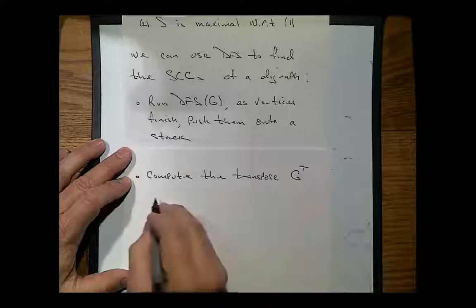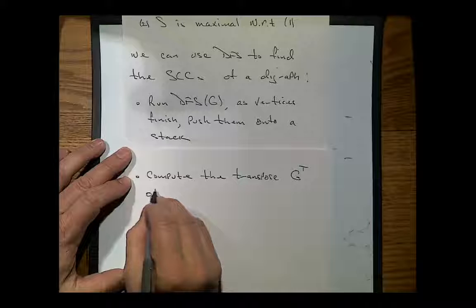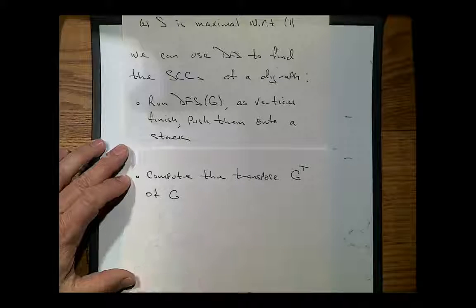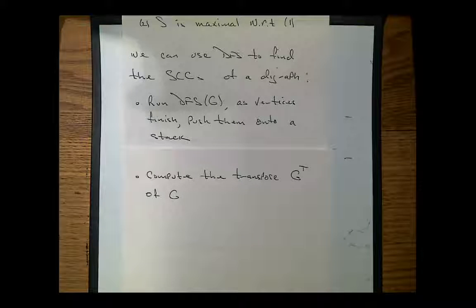G transpose of G. What is the transpose of a digraph? What do you suppose that means? Swap every direction. Right, that's what you meant, right? I knew that's what you meant. So out in the middle of the night, take all the one-way street signs and reverse them.